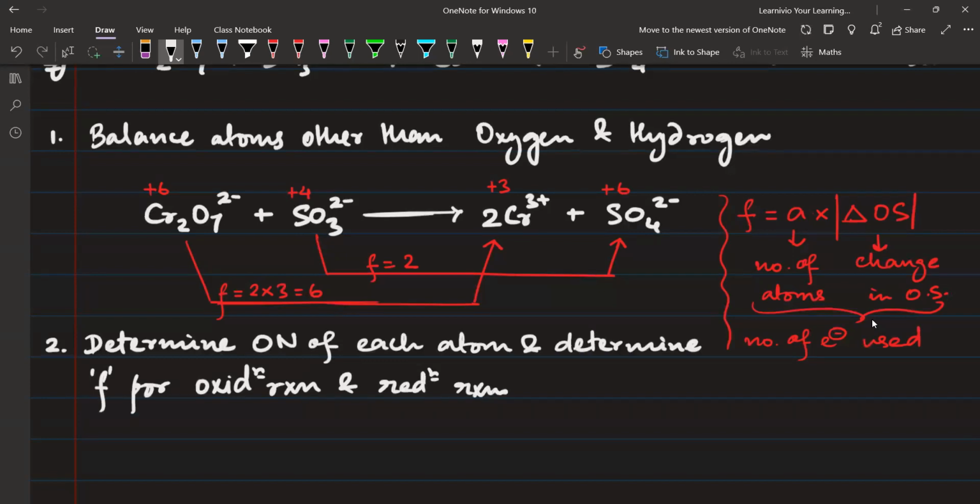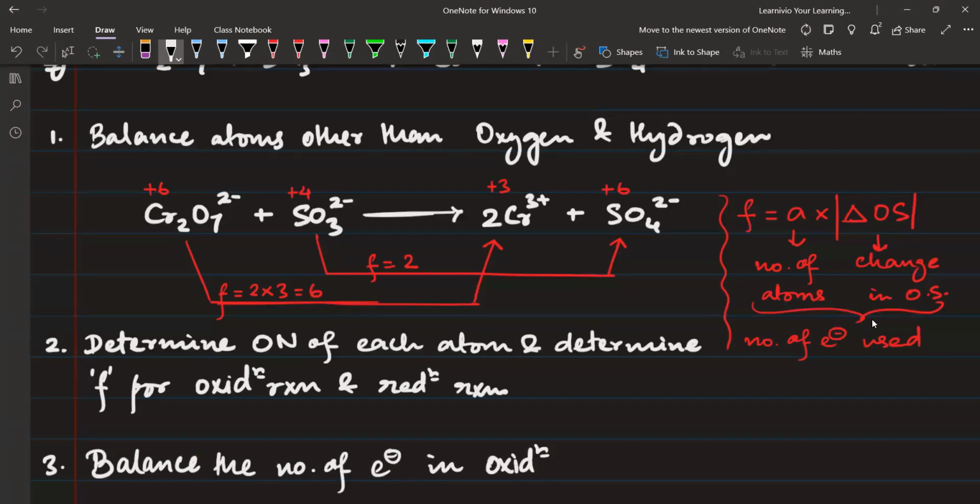For oxidation reaction and reduction reaction, है ना? Chromium is reduction reaction, तो उसके लिए F, और oxidation reaction के लिए आपने F निकाल लिया. Third step is balance the number of electrons in oxidation and reduction reactions. कैसे?